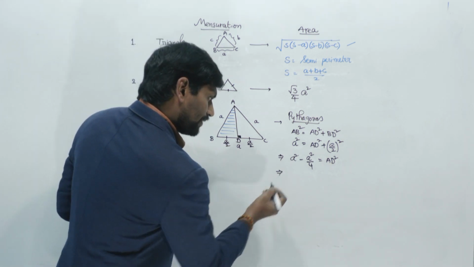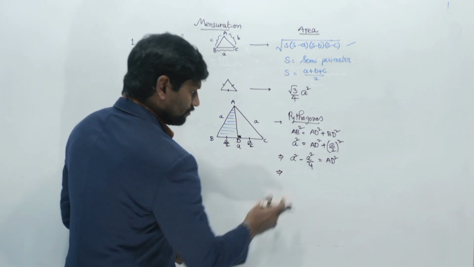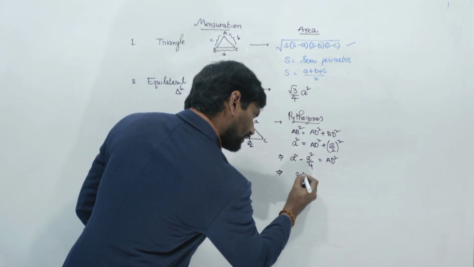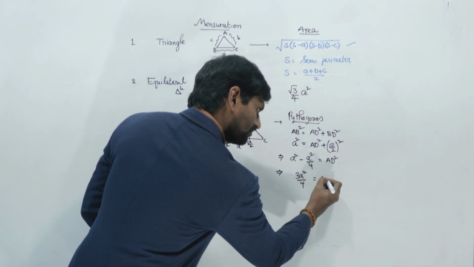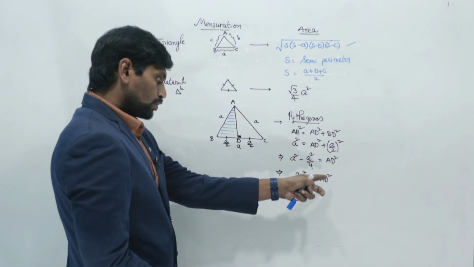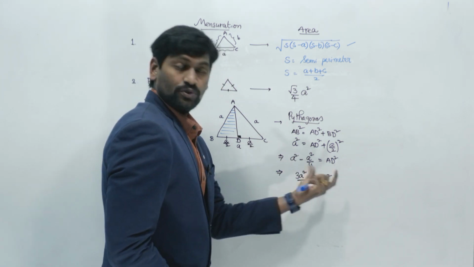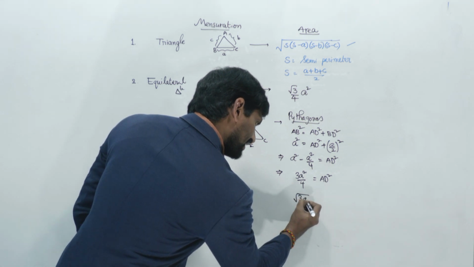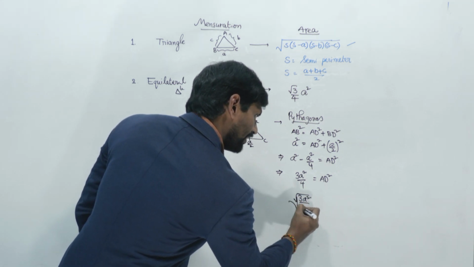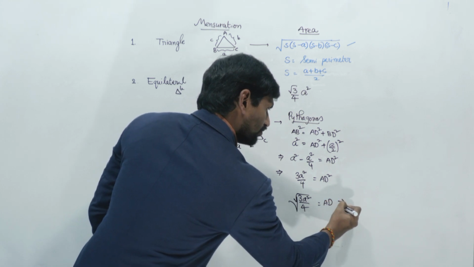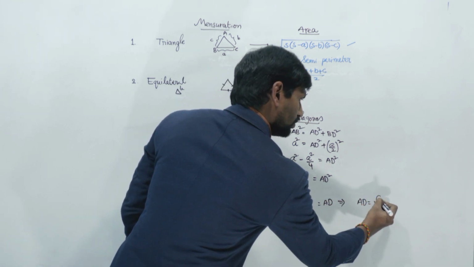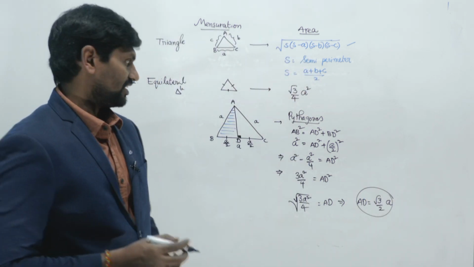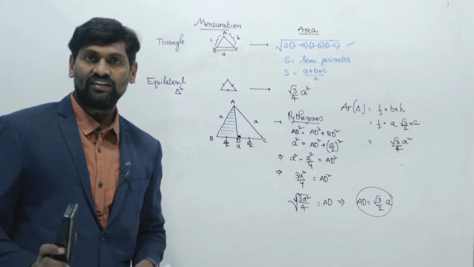Now let us apply the LCM: 4a square minus a square will be 3a square by 4. Applying the square root on both sides, it will be root over 3a square by 4 equals AD. So AD equals root 3 by 2 into a. This is called the height of an equilateral triangle.